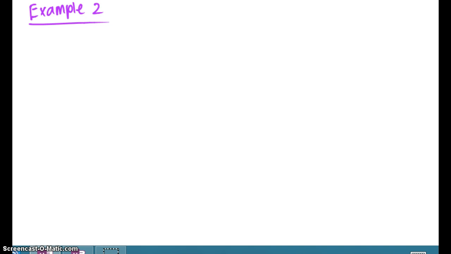Let us now look at example 2. Example 2 requires you to find the volume of a hemisphere given that the diameter is 0.5 meters. Volume of hemisphere is given by the formula 2/3 pi r cubed.